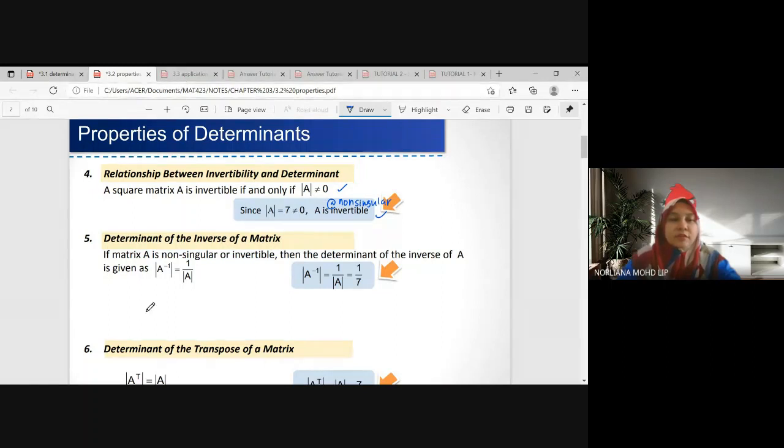Okay, number 5, determinant of inverse of a matrix. Okay, if A is invertible, then the determinant of the inverse of A is equal to 1 over determinant of A. Okay, inilah 1 over determinant of A, 1 over 7.